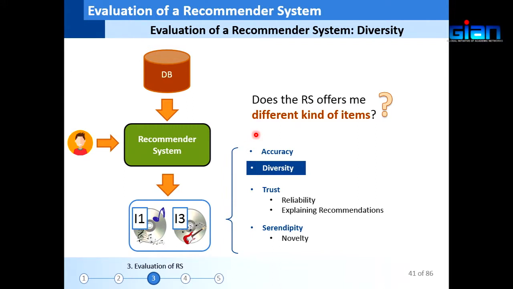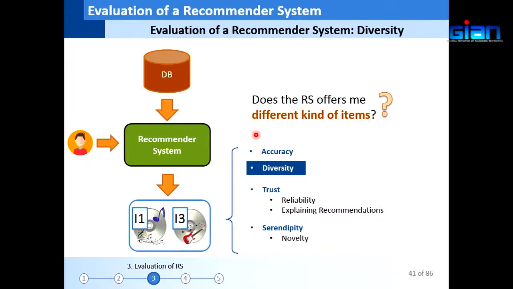It depends on the mood whether the user consumes an item or not. For example, in songs, in some domains, perhaps now I prefer to listen to one kind of music, and then perhaps I prefer to listen to another kind of music. So you need to provide different kinds of recommendations in order to satisfy the user's taste. So it is well considered when a system provides different kinds of recommendations.